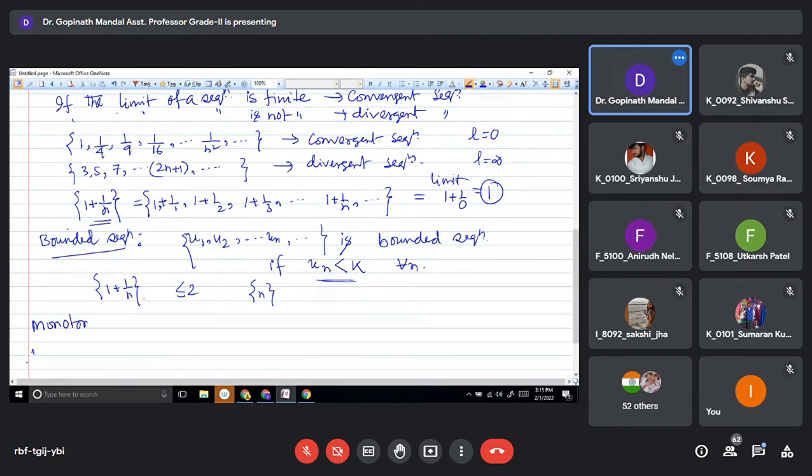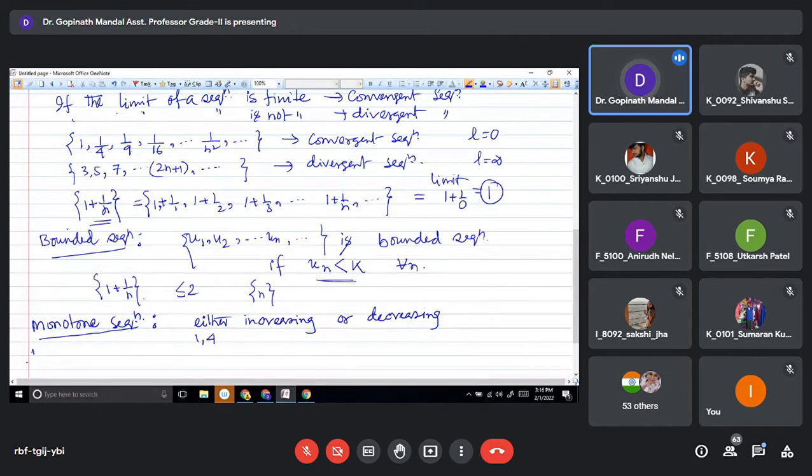Okay. Now, monotone sequence. If a sequence is either increasing or decreasing, such a sequence is called monotone sequence.